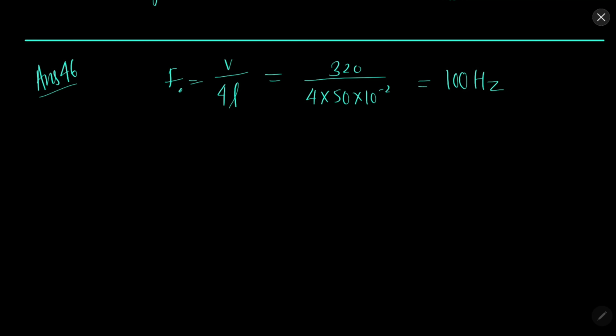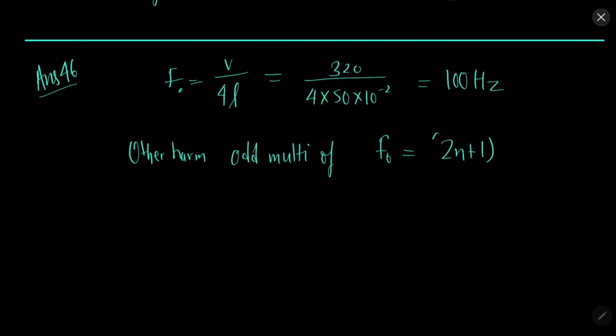And for odd multiple of harmonics, other harmonics which are odd multiple of F0, 2n plus 1 hertz will be there.